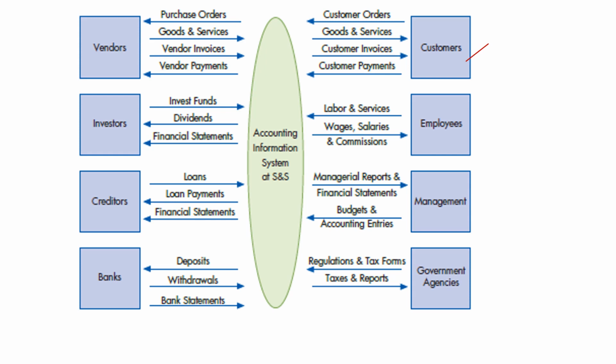This one is the sales transaction, while this one is the purchase transaction. We have also the payroll, and then the investing cycle, with the creditors and the banks. This is more on the managerial accounting, and we have also some reports for government agencies. So this is an integrated accounting information system.